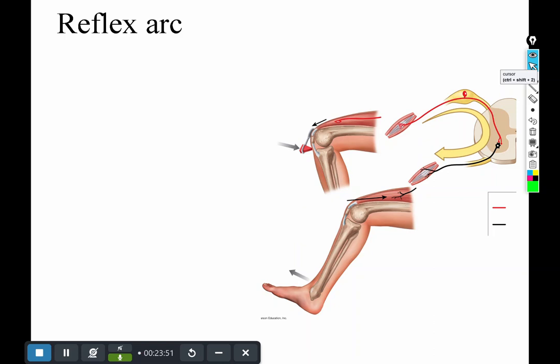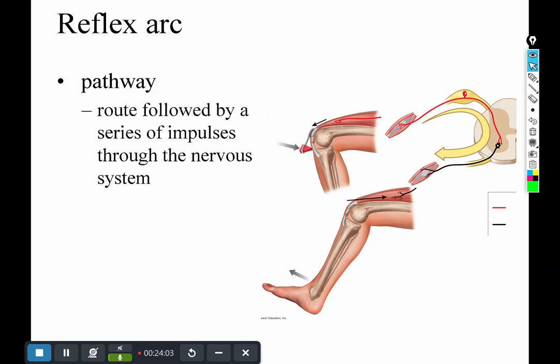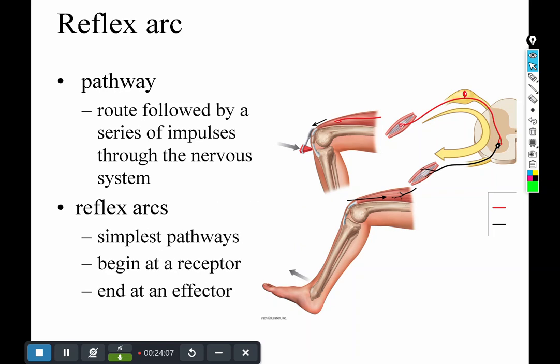So a reflex arc is just the sequence of events from stimulus to motor output and the neurons on which they travel. So we call this a pathway. Pathways can include lots of other fancy stuff if it's coordinating the central and peripheral nervous system, for example, but reflex arcs are the simplest pathway.